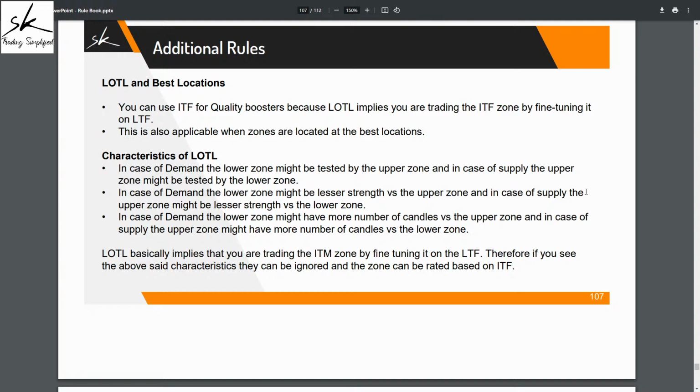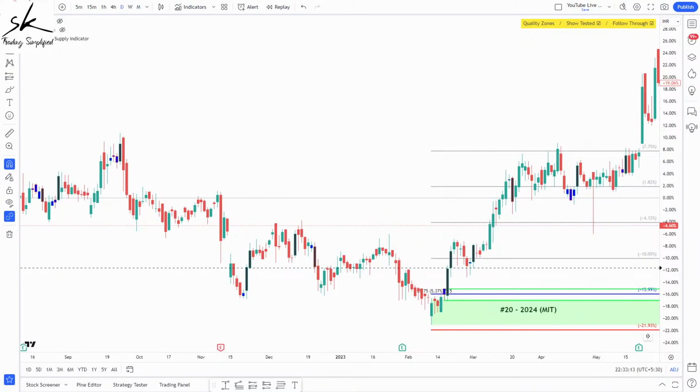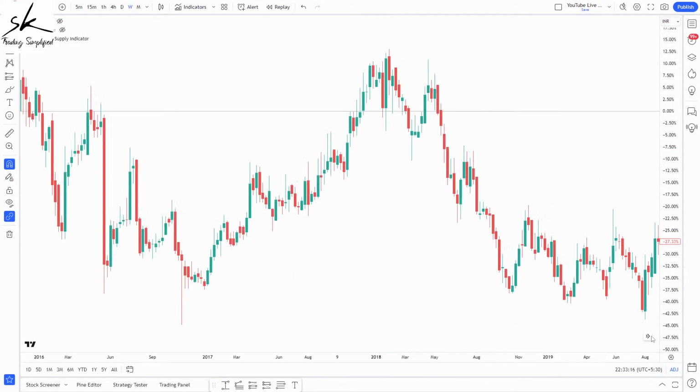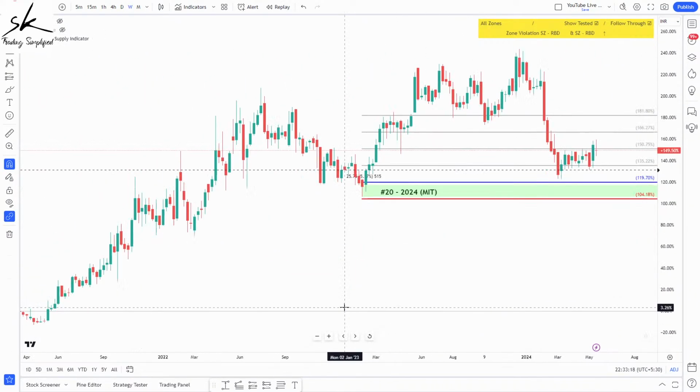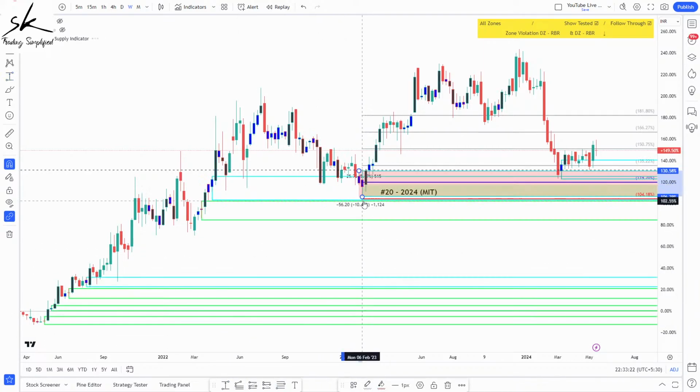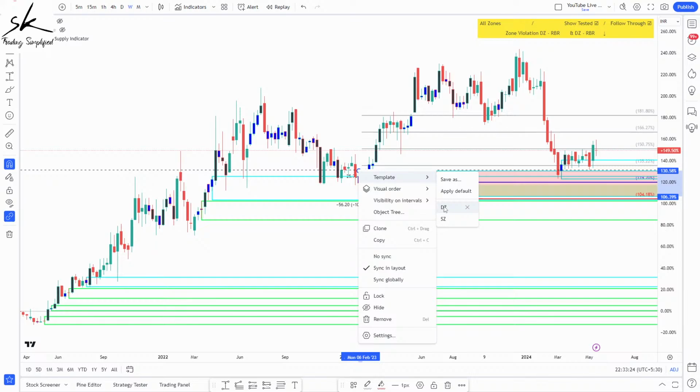So this can happen. But what you need to remember is that level on top of level basically implies that you are trading the intermediate time frame zone by fine tuning it on the lower time frame. So what we are doing here is, if you think about it technically, I am basically trading this intermediate time frame zone, which we will mark with a different color. I'm basically trading this zone.